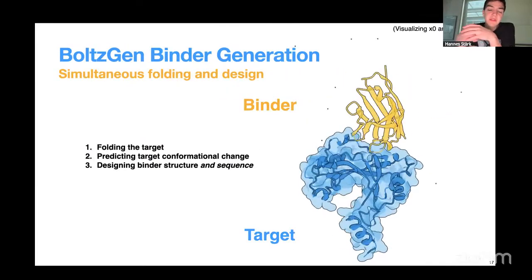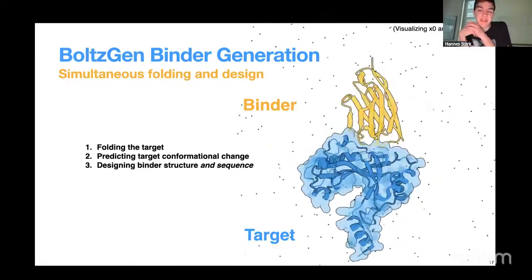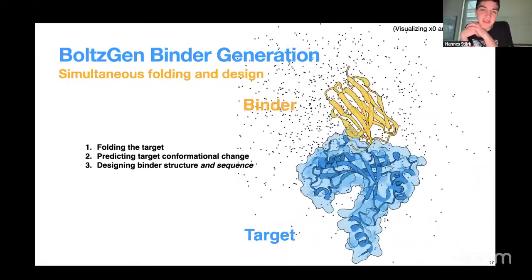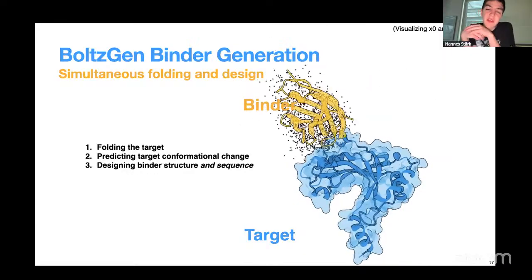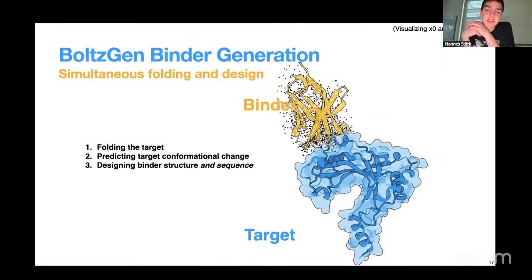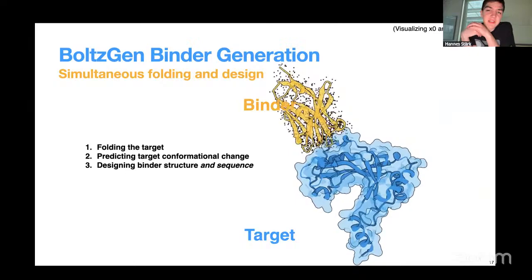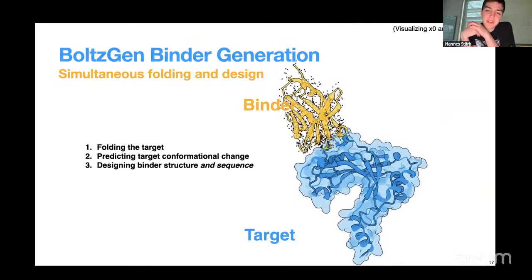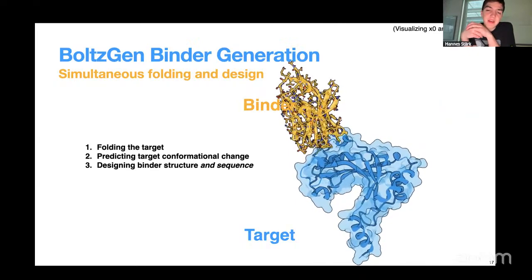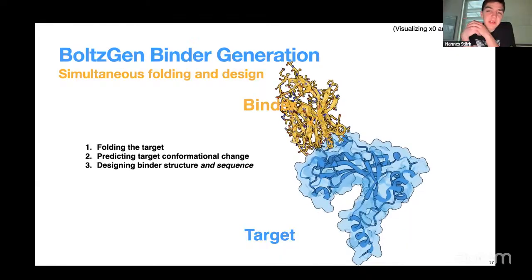And now what we're looking at here, to understand how this first step of the larger pipeline, this diffusion model, works, is one denoising trajectory where we're generating in yellow the binder to the target in blue. And we're starting from complete noise for both of them.